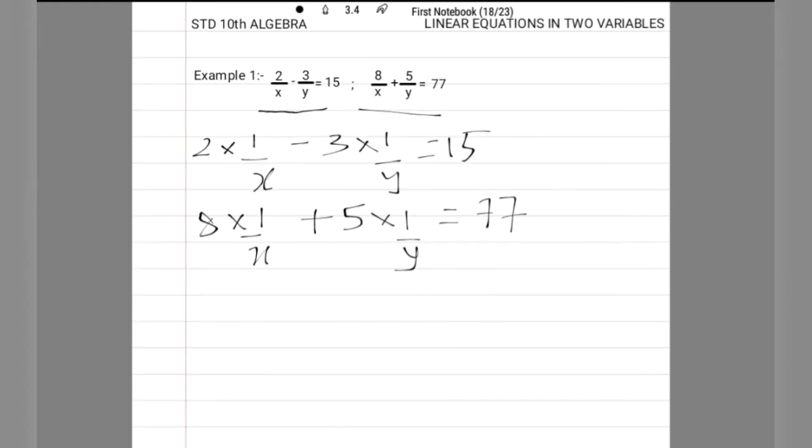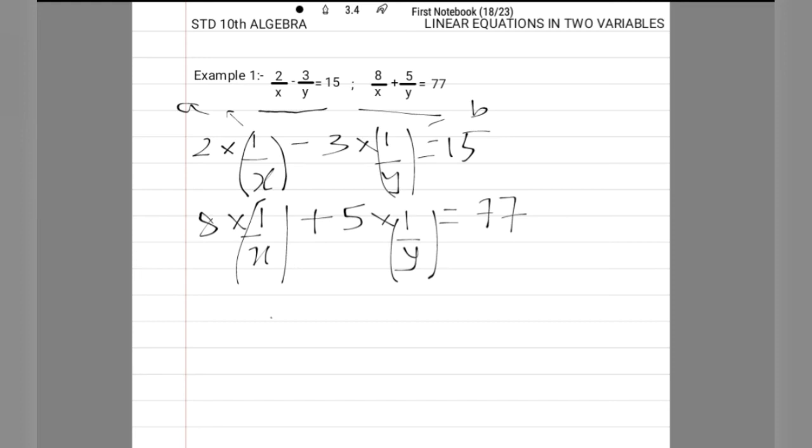Now why I have separated them is, we can write this term as some other variable. Suppose we take a, and this term as some other variable, take b. So both are common in these equations. So we can just take two variables and we get another two equations. That is, coefficients remain the same, so just the variable changes.